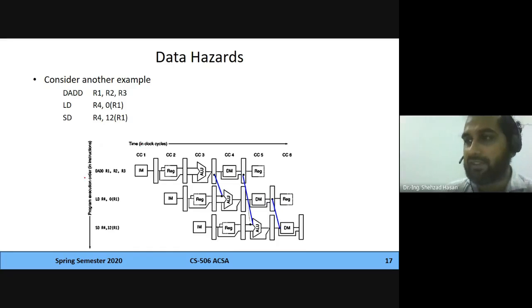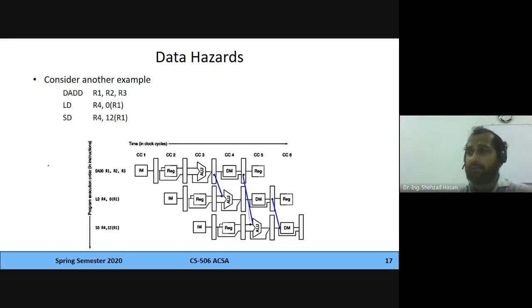So let's move on. Let's come to another example over here. In this example, there is a store instruction which is using the result of R1, and it's also using the result of the previous instruction, load.